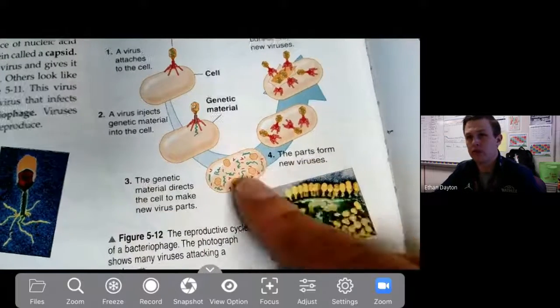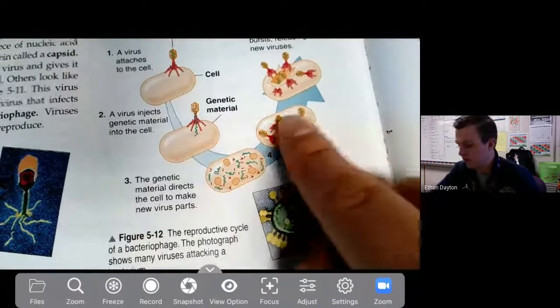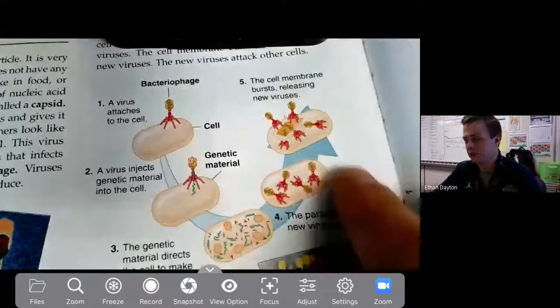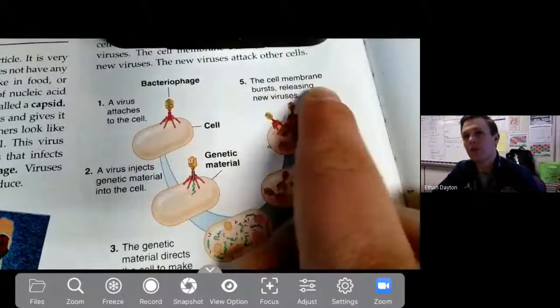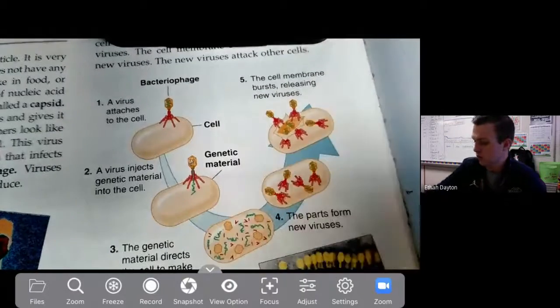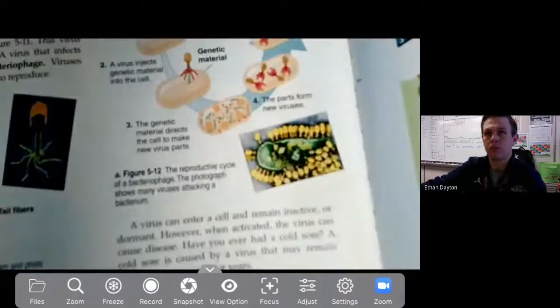And those parts are formulated into new viruses. And as you can see, there are newly formed viruses here. And then step 5, the cell membrane bursts, releasing those new viruses, and then they'll be on to infect more bacteria.